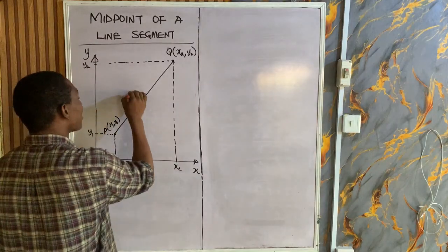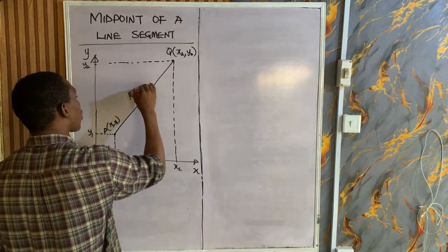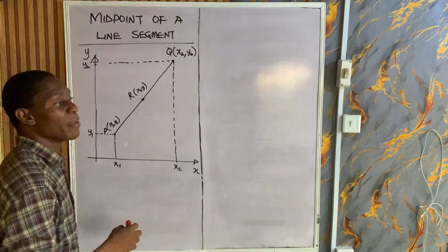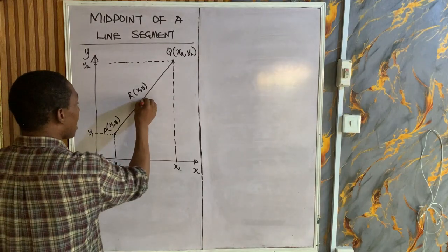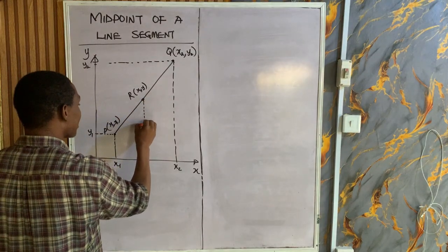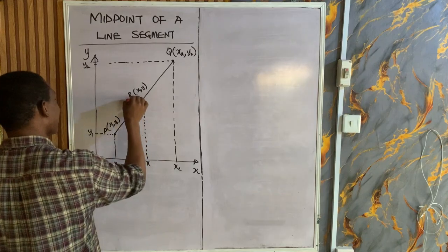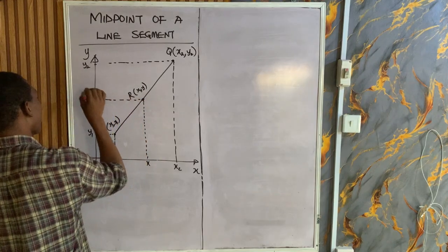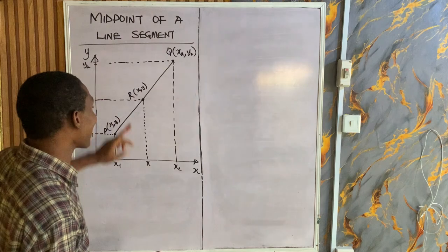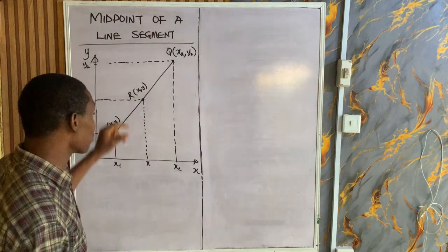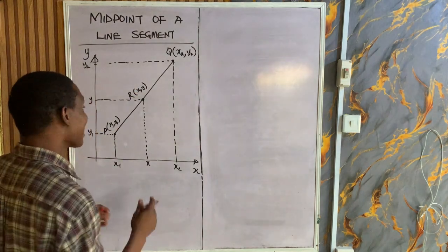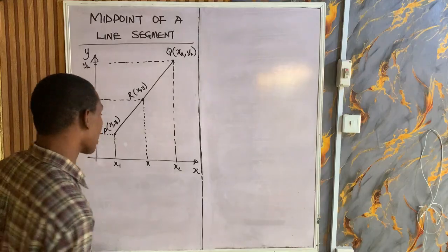Let's say that middle has a coordinate R, x, y. This simply means the midpoint, if you trace it along the x-axis, it is x. And if you trace it along the y-axis, it is y. Now, what we're trying to do here is to get this midpoint, the coordinate of what x is and what y is.